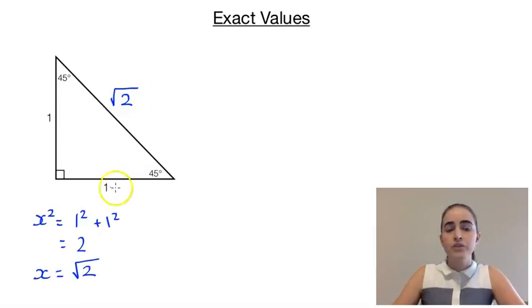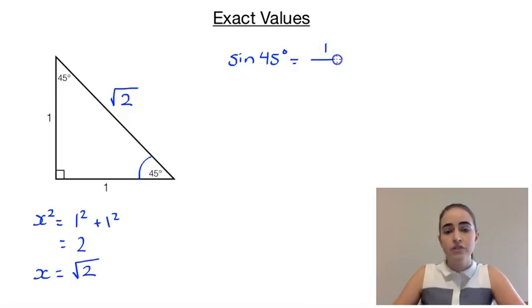Now that we know all three sides, we can find the values of sine 45, cos 45, and tan 45. It doesn't matter whether we go from this angle or this one, because they're both 45 degrees, we're going to end up with the same answers. So sine 45, we know that sine is opposite over hypotenuse. From this angle, our opposite is 1 and the hypotenuse is root 2.